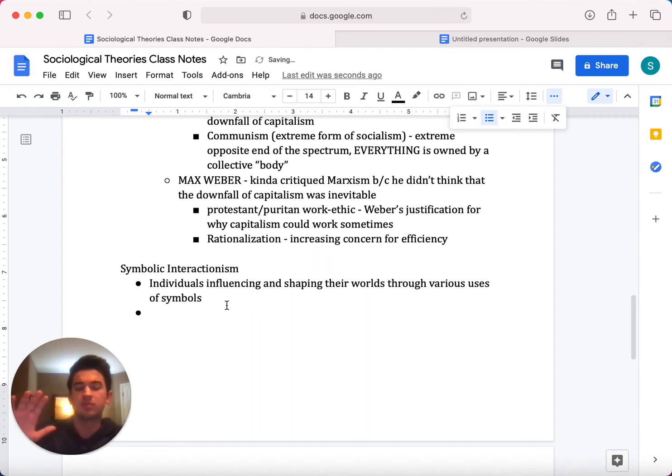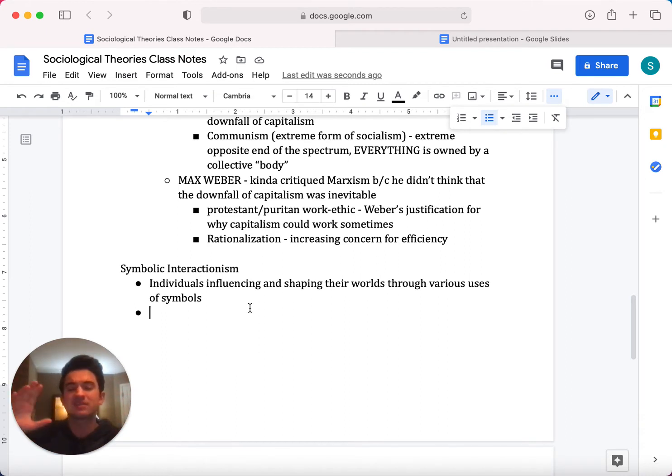That was a messy definition, but I'm going to explain what I mean now. Symbolic interactionism is really concerned with individuals, and not necessarily one person at a time. When I say bottom-up theory or a micro theory, we're examining how many small group interactions culminate in making society a certain way.